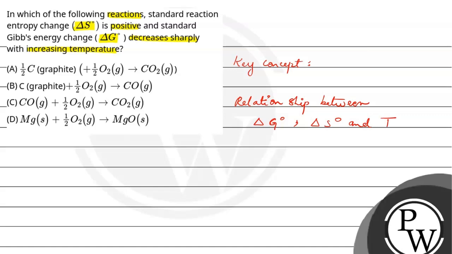So these three are related by an equation called the Gibbs free energy equation. Delta G naught is equal to delta H naught minus T delta S naught. So naught we are writing for standard conditions. So delta G naught is standard Gibbs free energy change, delta H naught is standard enthalpy change, T is temperature in Kelvin and delta S naught is standard entropy change.